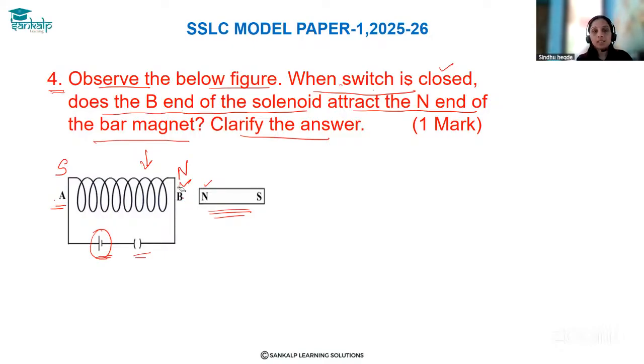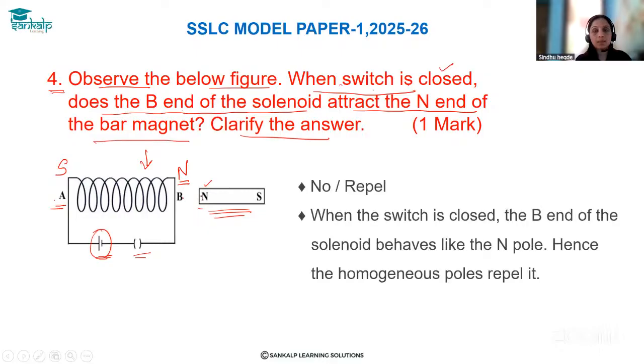So this B end acts as north pole and comes close to the north pole of the bar magnet. Repulsion takes place. Hence the answer is there is no attraction. Here repulsion takes place between the B end of the solenoid and the N end of the bar magnet.